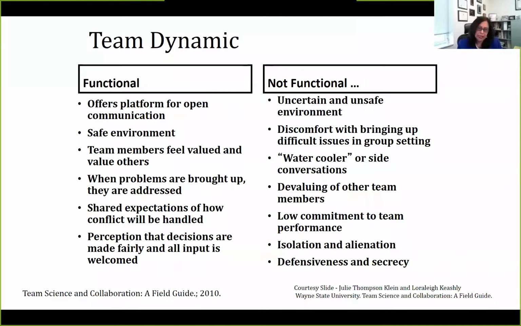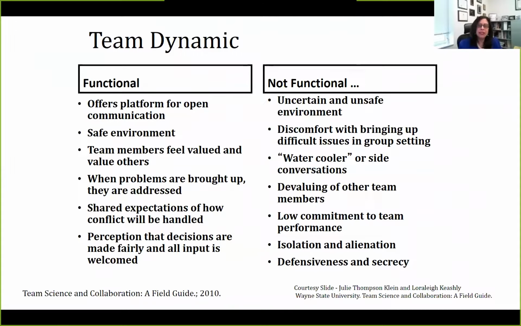What this slide represents is that one should feel comfortable asking questions and bringing up any issue related to the topic. In a perfect world, if the dynamic is very functional, then that will keep that platform open for communication.